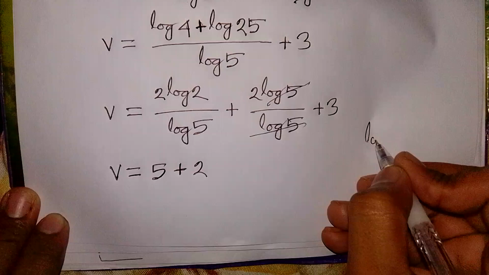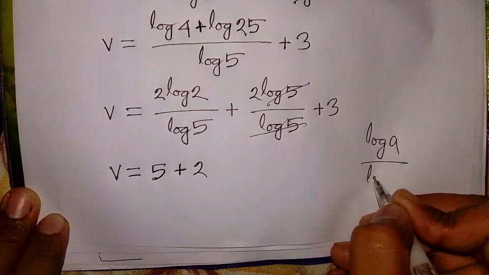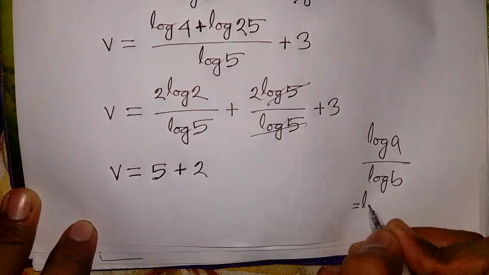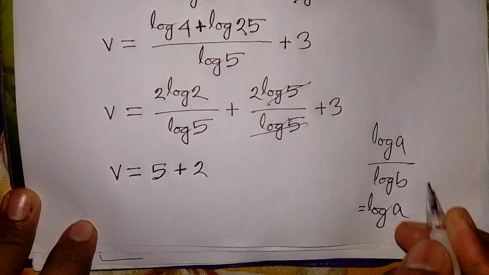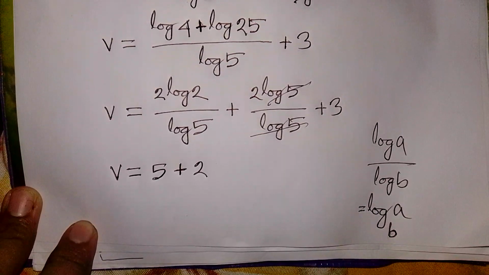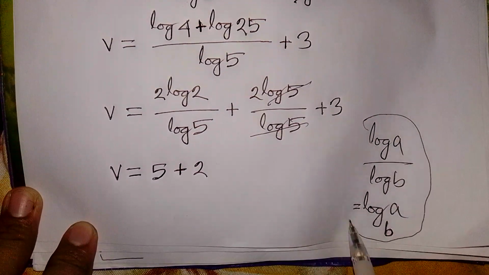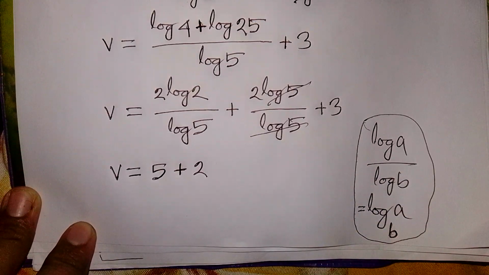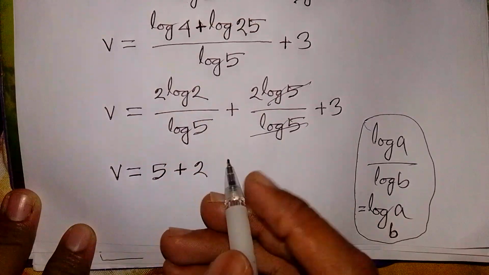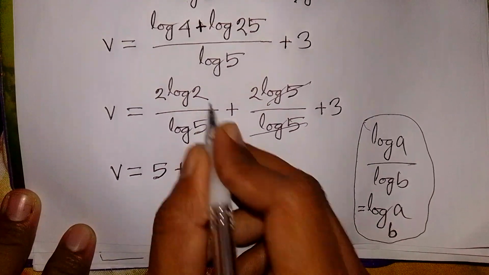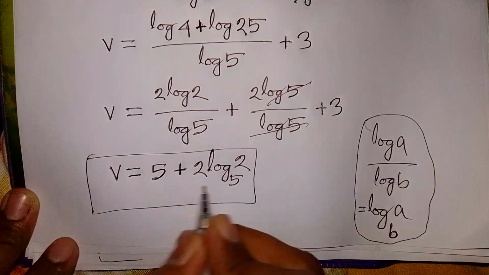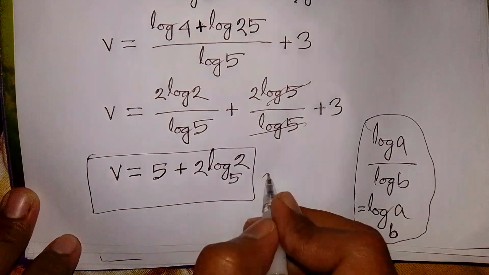So apply this formula: log a over log b is equal to log a base b. So here 2, then log 2 over log 5 is the same as log 2 base 5. So this is the value of v. So this is our final answer.